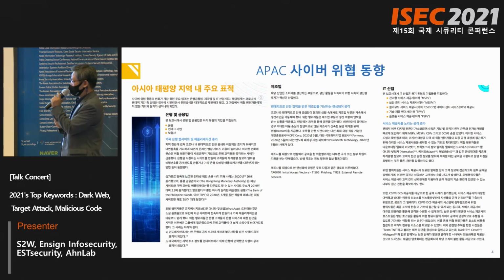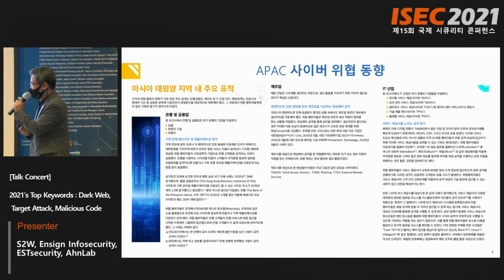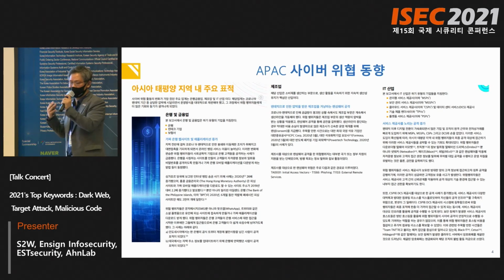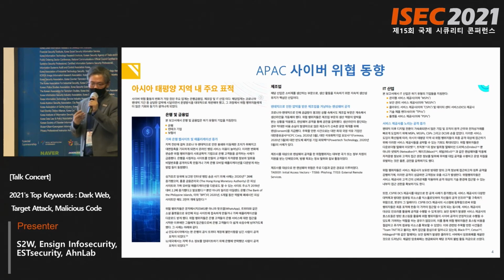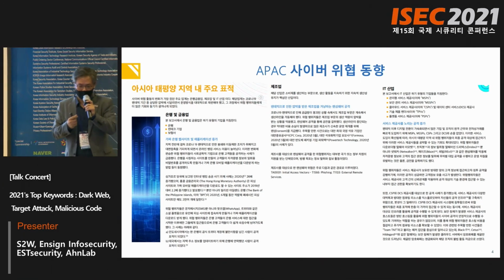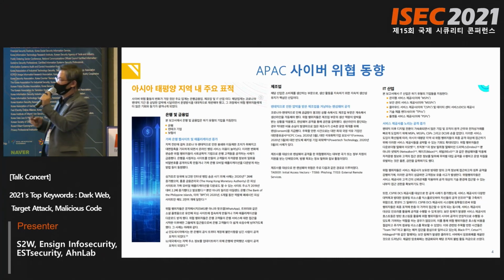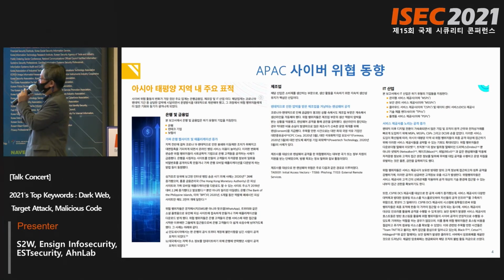Those individuals' identities were stolen and they were targeted for attack. In another case in Thailand, a customer who had contacted the bank to update his address was targeted by threat actors.